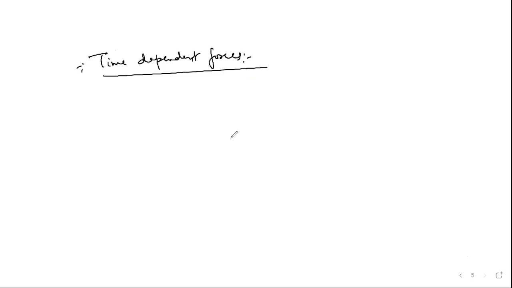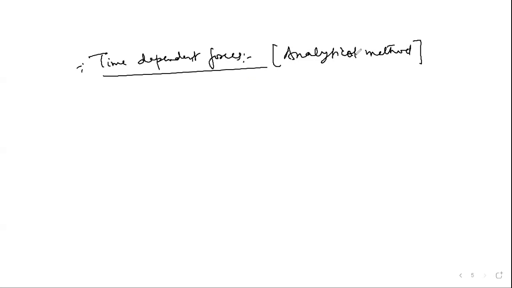Now we are talking of time-dependent forces, but which method? Analytical method. Now to make this thing clear to you, how we use analytical method to obtain equations of motion when the force depends on time.